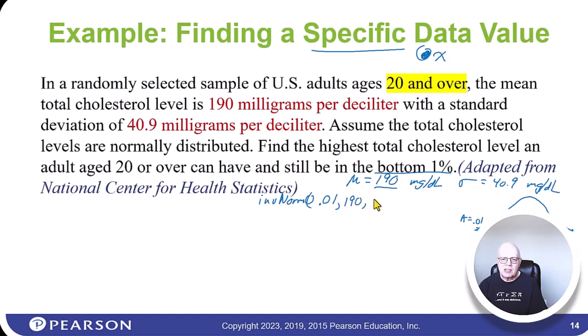The standard deviation is 40.9. Notice that we don't have to worry about our examples having nice even numbers anymore. And that will give us our answer. What do you think you're going to get? Well, certainly, if the mean here is at 190, we expect our cholesterol level to be way below 190.